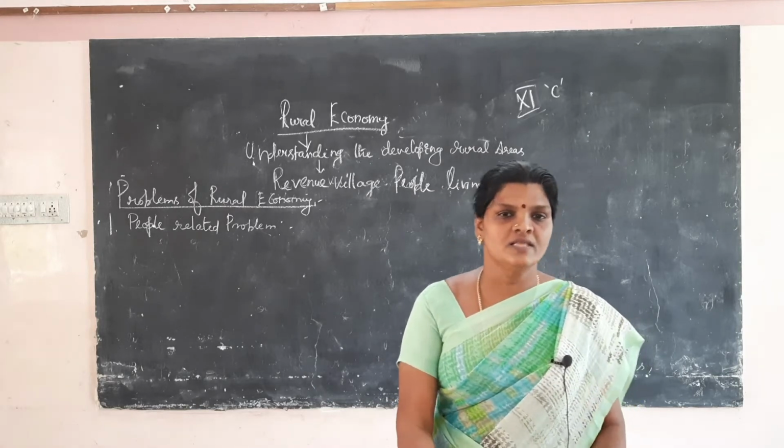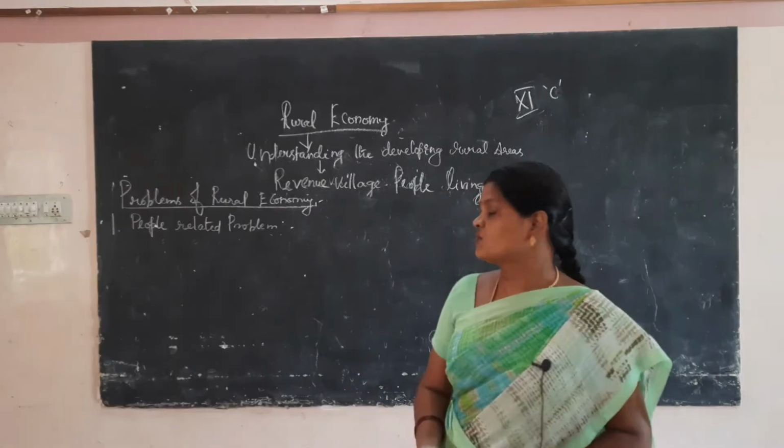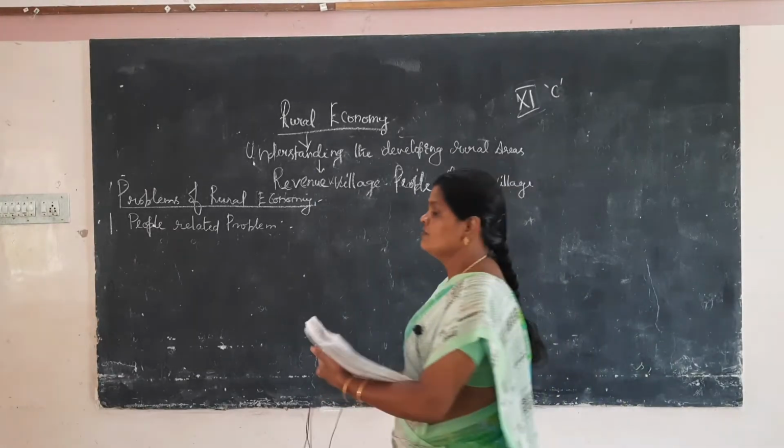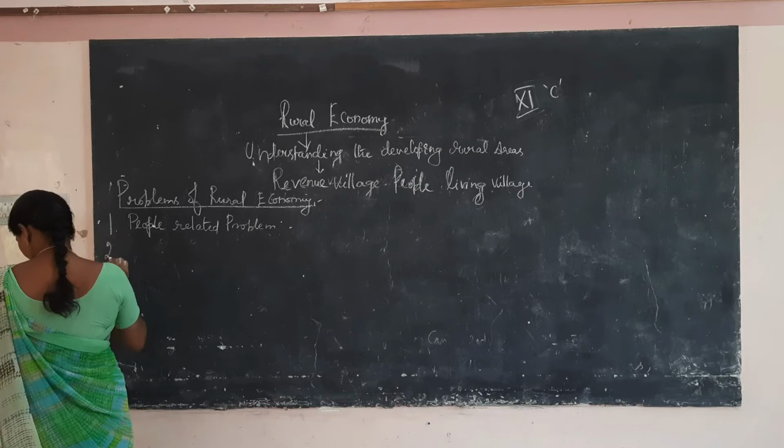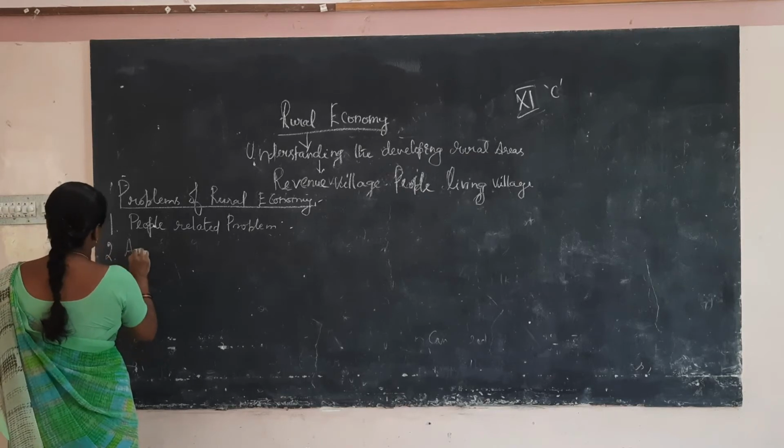According to this, they are facing the problem. These are the people related problems. Next one, agriculture related problem.